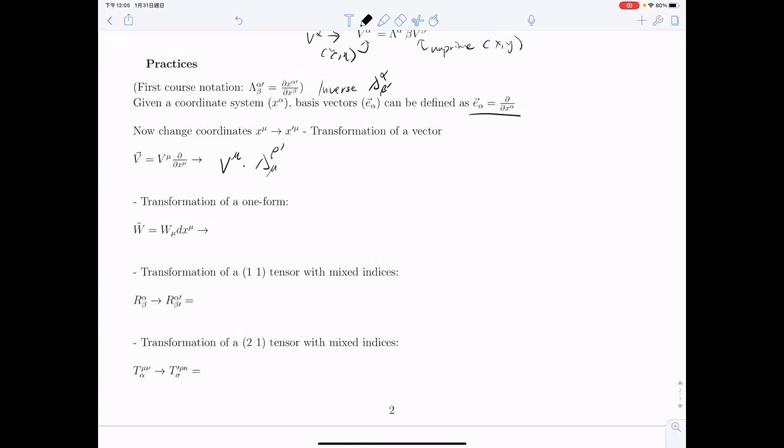You can choose any index you want. Here would be E rho prime. Sometimes you may see mu in some textbooks.